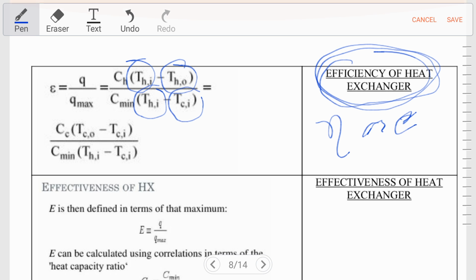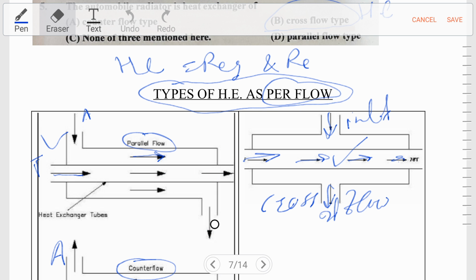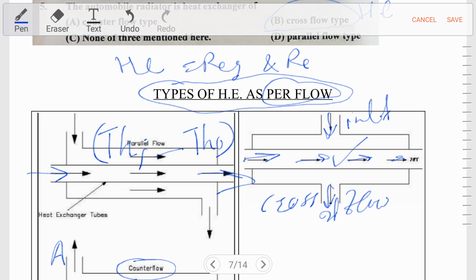So let's discuss this equation from the figure. Well, as we can see in this vision, our equation shows the temperature of hot medium inlet minus temperature of hot medium outlet, divided by temperature of hot medium inlet minus temperature of cold water inlet.